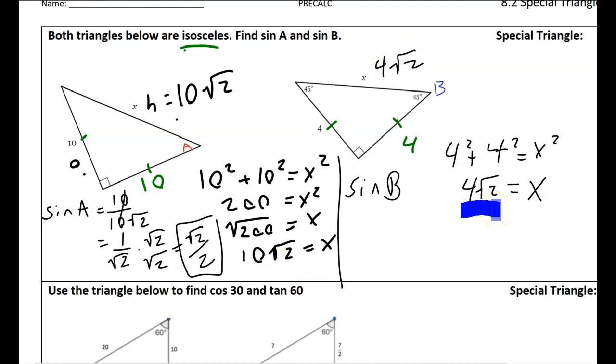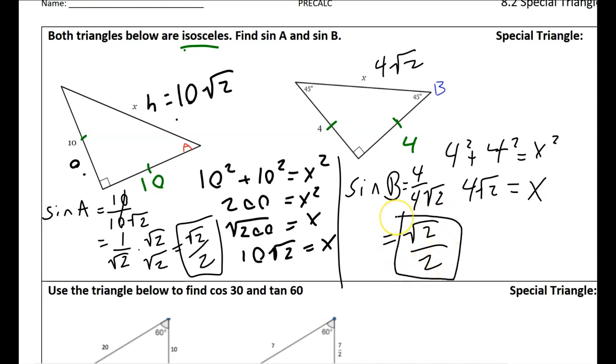It's the same pattern, right? So if I did my Pythagorean theorem out fully, I would end up with a 4 in front of square root 2 after I simplified. So then sine B is going to be equal to, this time, 4 over 4 square root 2. And then again, when I rationalize and simplify, I get root 2 over 2.